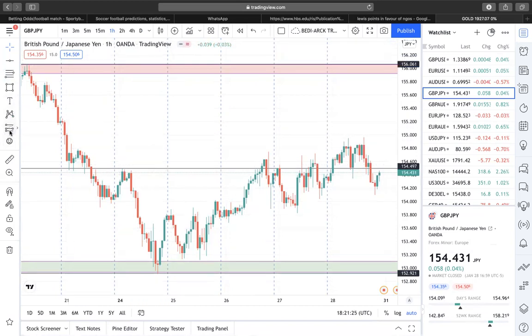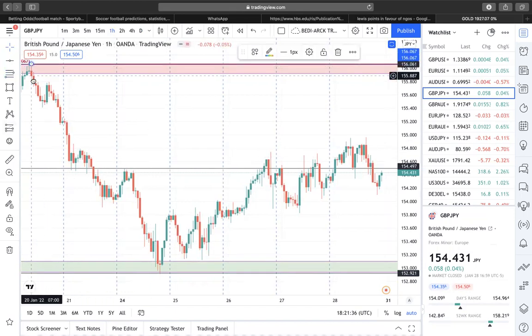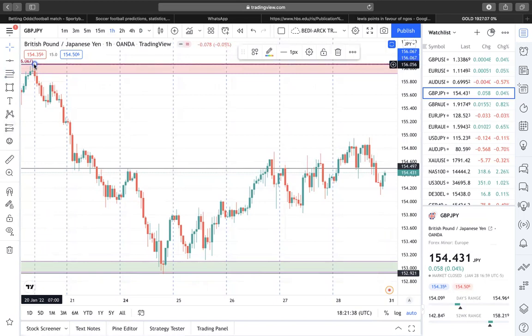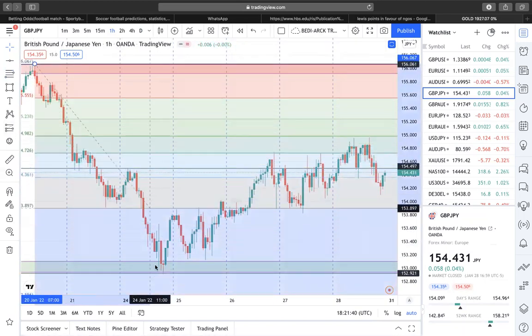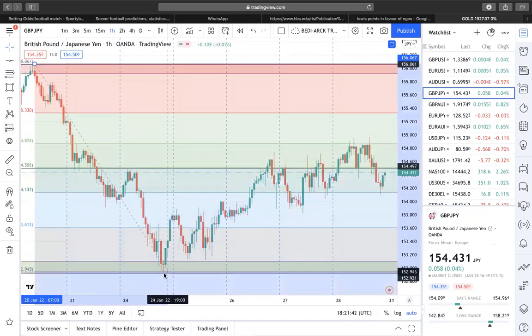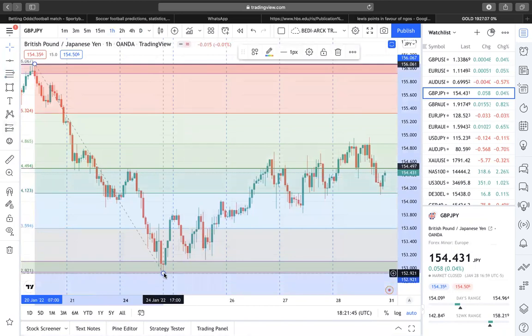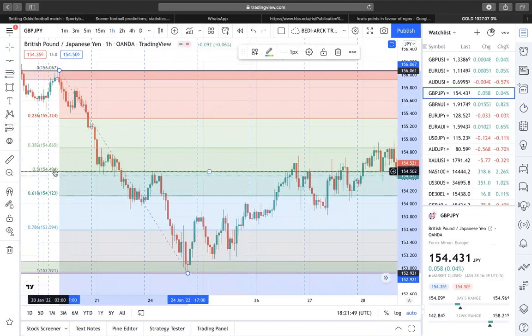Then we come to our golden zone. We pull out the Fibonacci. We pick it from the swing high to the swing low. Okay, it came from this high, dropped to this low. So we pick it, Fibonacci. Okay. Then go like, okay, this is the 50% level, right?